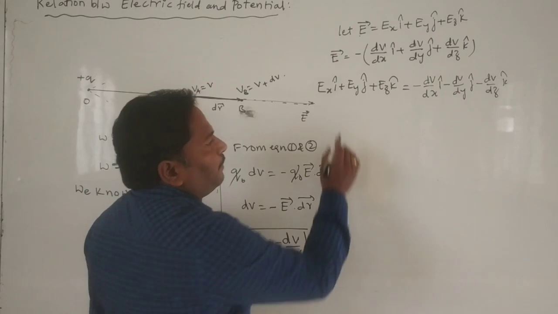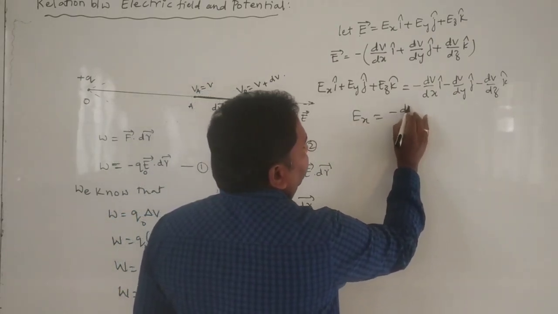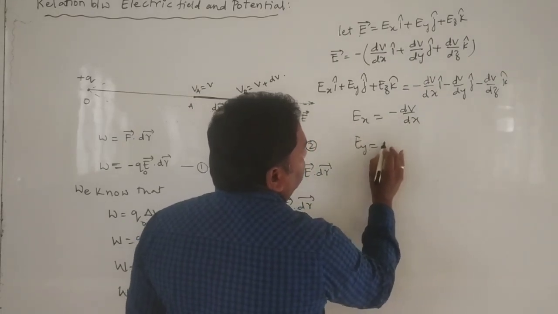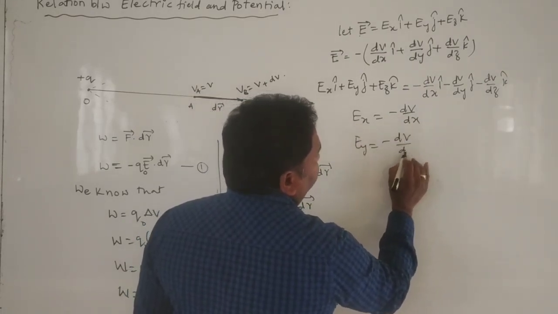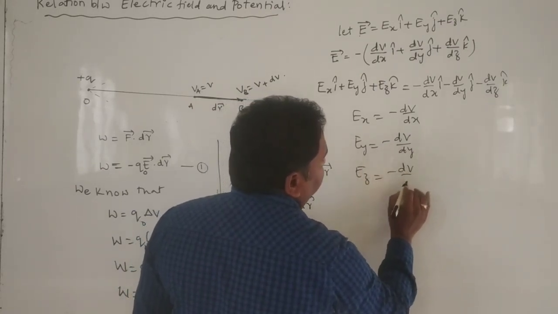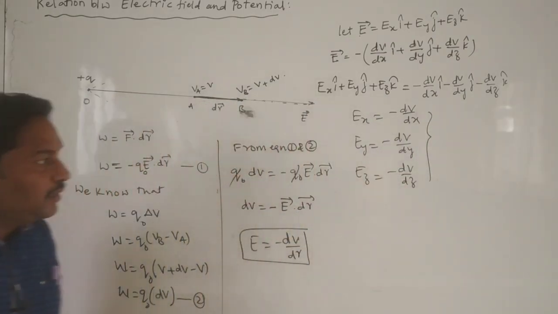After comparing, we get Ex equals minus dV by dx, Ey equals minus dV by dy, and Ez equals minus dV by dz. These are the equations.